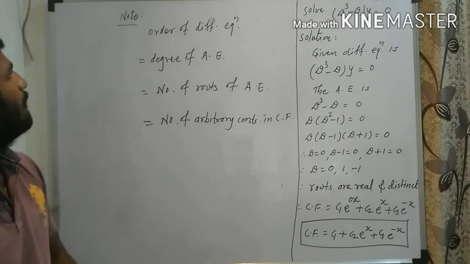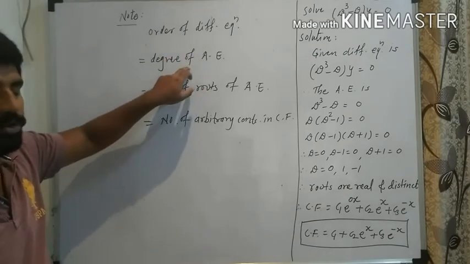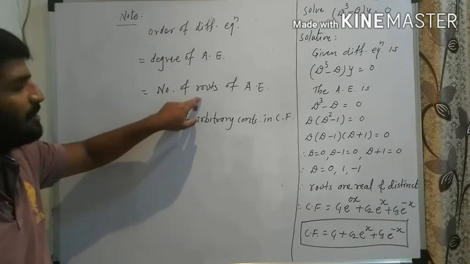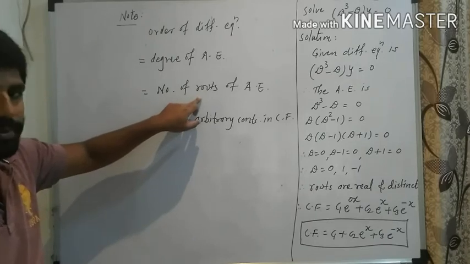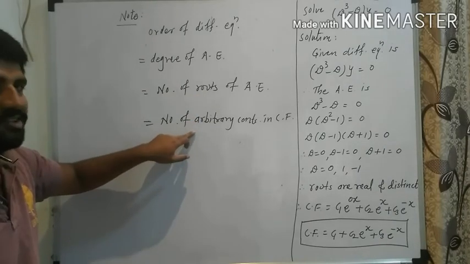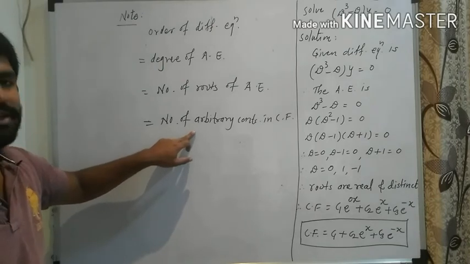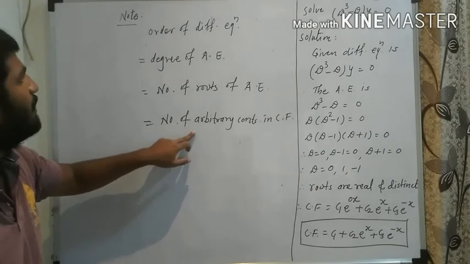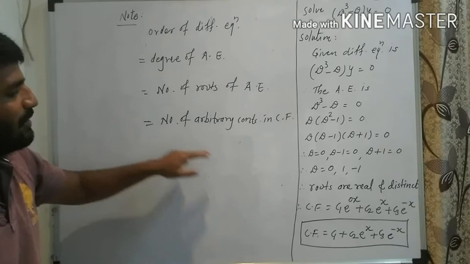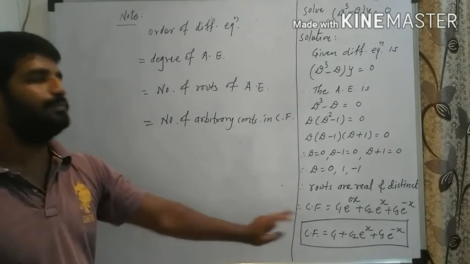So see here, order of differential equation is same as degree of auxiliary equation, it's same as number of roots of auxiliary equation, and that is equal to number of arbitrary constants involved in complementary function. If these 4 equalities hold, then your complementary function is correct.